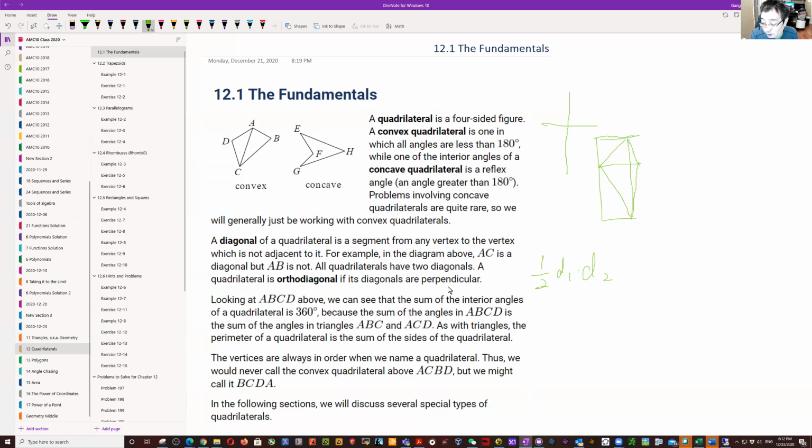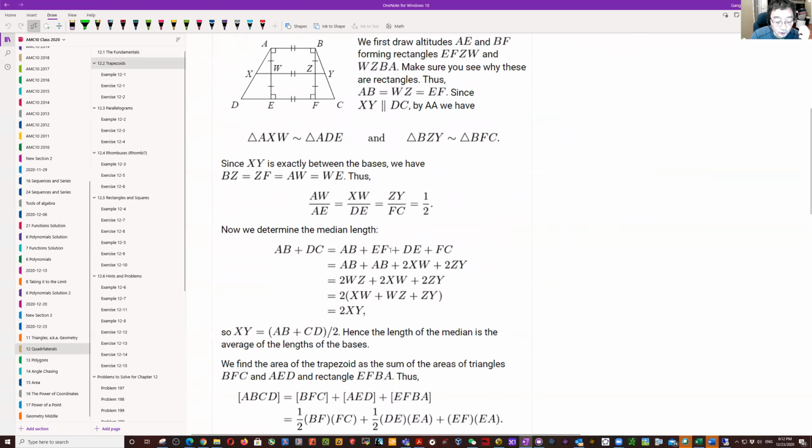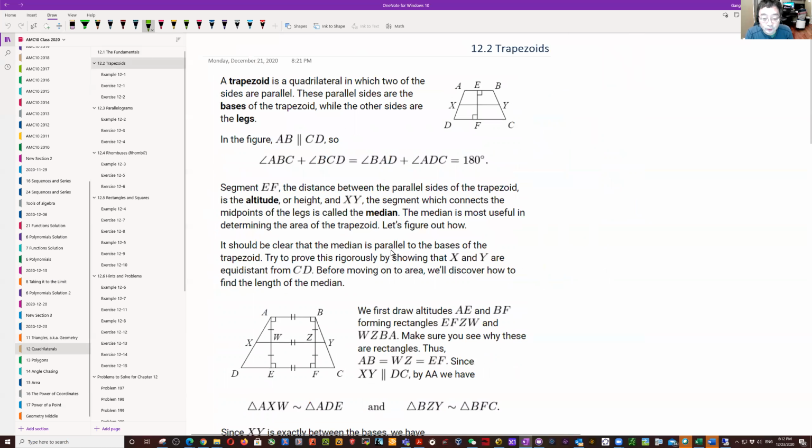If you can draw a bigger rectangle, then for each quadrant, the area within the quadrilateral and outside of the quadrilateral are exactly the same. So you are able to use 1/2 diagonal 1 multiplied by diagonal 2 to calculate the area.